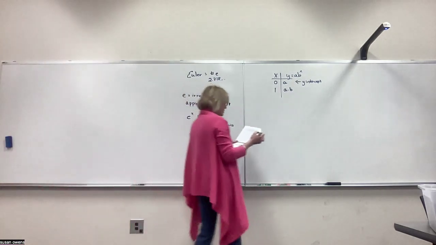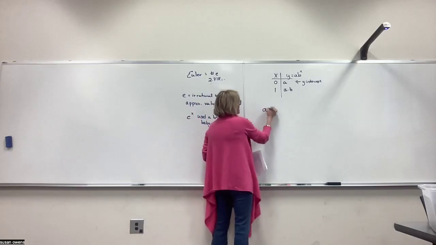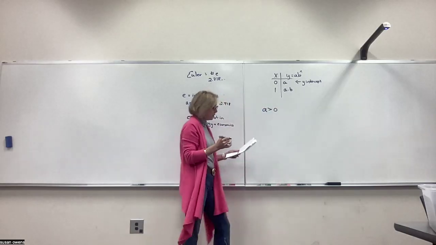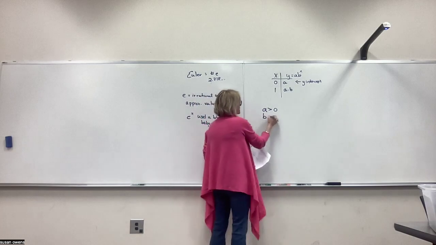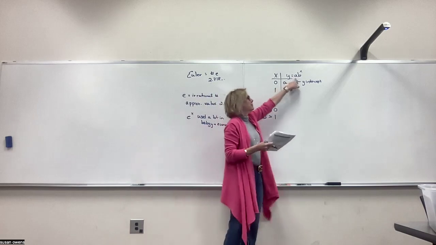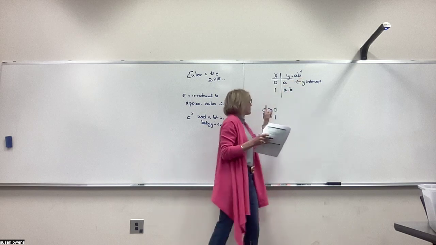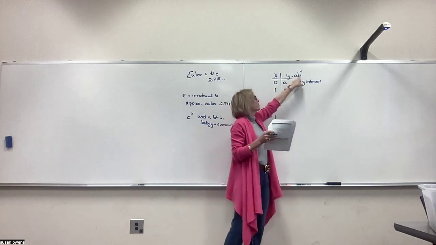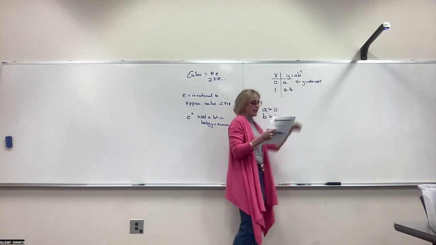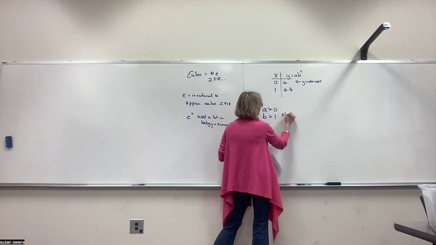Okay? So the shape of the graph when a is greater than 0 and b is greater than 1. This could be 1, 2, 3, whatever we want, a positive number here and a number greater than 1 here. That's going to be that first shape we had.